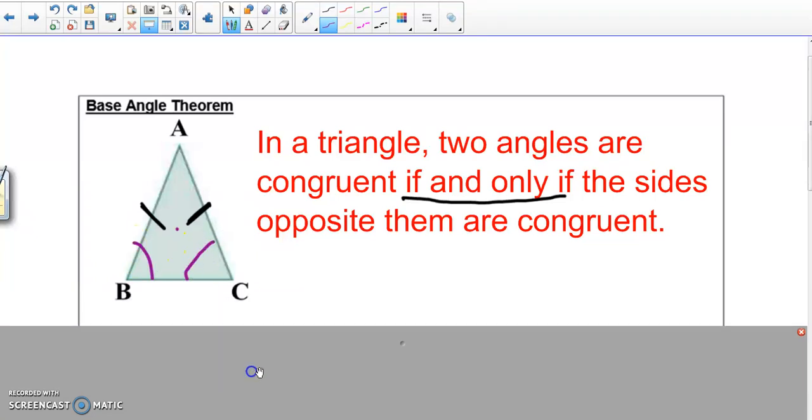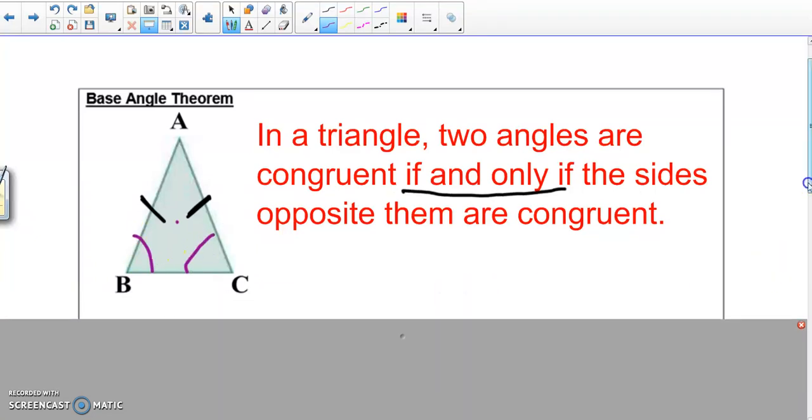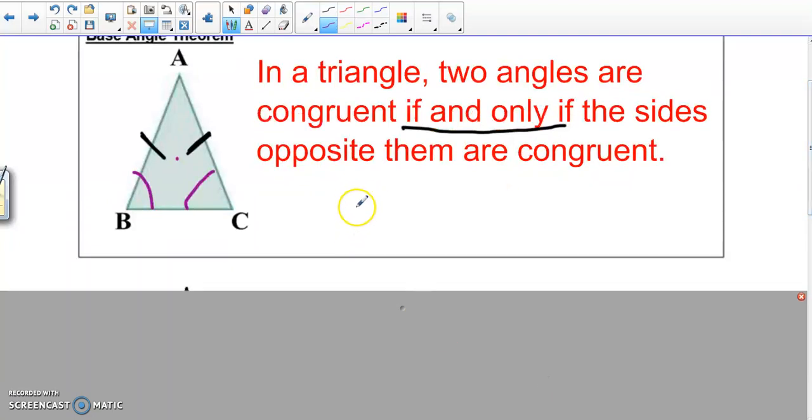Now what you have to be really careful of, remember the triangles aren't always going to be drawn perfectly up and down like that for you. So if I draw a picture like this, and I tell you that these two sides are congruent, the congruent base angles, again, you think directly across from them. The congruent base angles would be there and there.